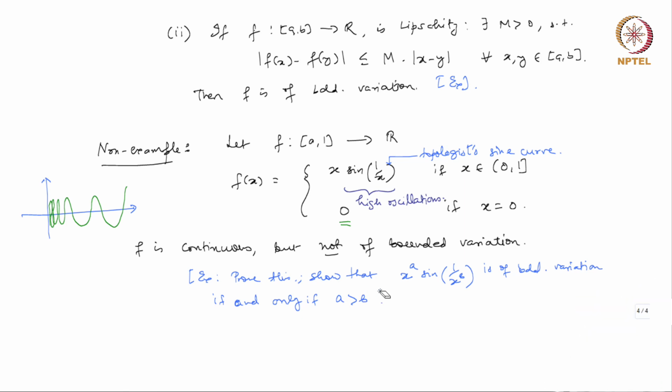And I should add here that both are taken positive. So it is of bounded variation if and only if a is strictly greater than b, and both are positive.